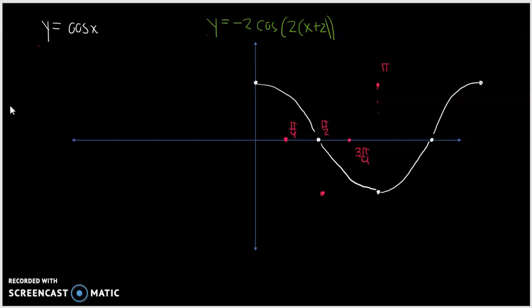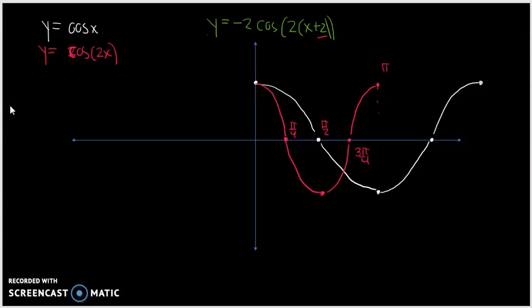So the function y equals cosine of 2x is in pink. This is the way I graph these. I just look at it one step at a time. Let's focus on the period first. All right, so there is your cosine of 2x.